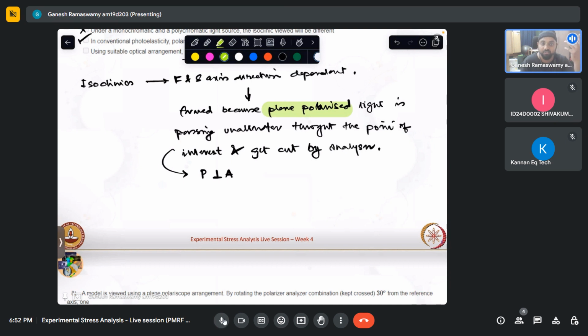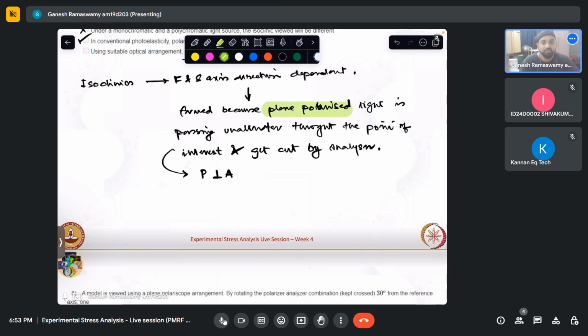When you are impinging a circularly polarized light, there is no plane polarized light that is getting impinged on the model. So there is no light that will pass unaltered through the fast axis. In essence, we are removing the directional dependence of any sort when we bring in circularly polarized light instead of plane polarized light.